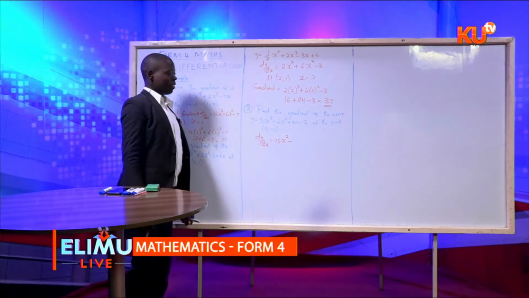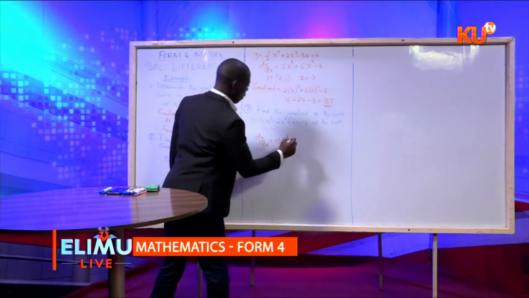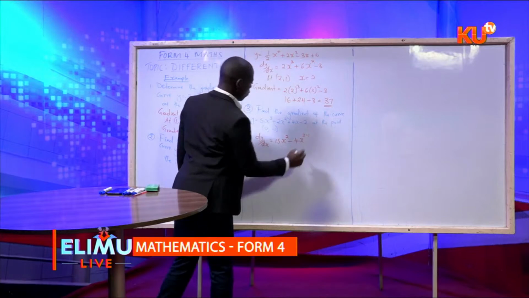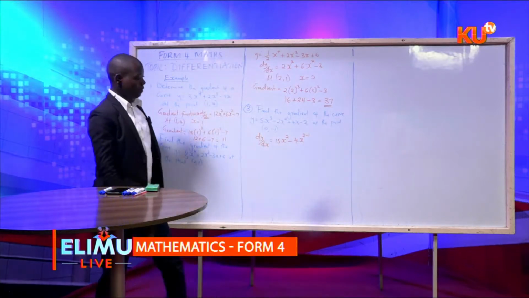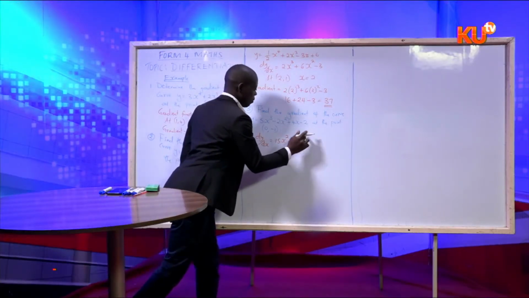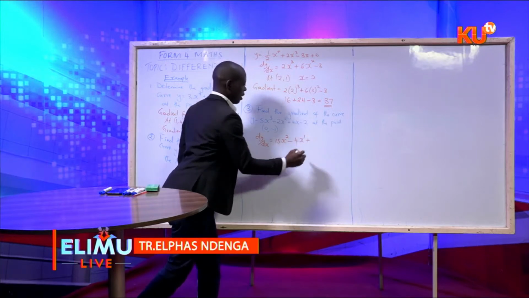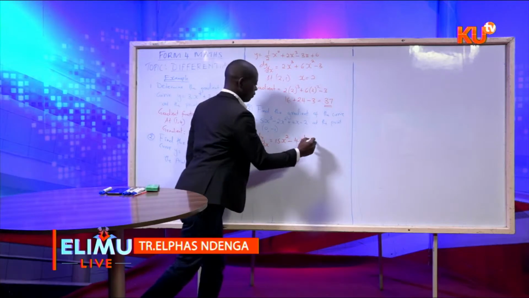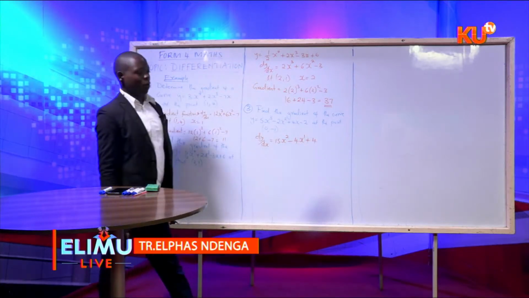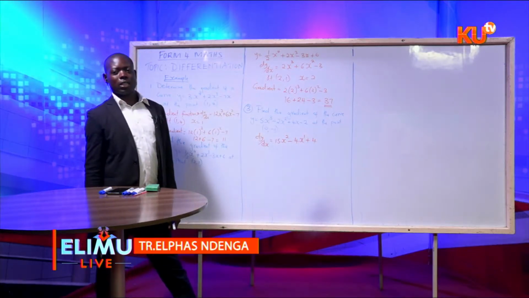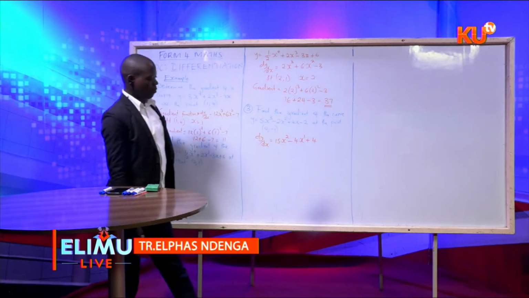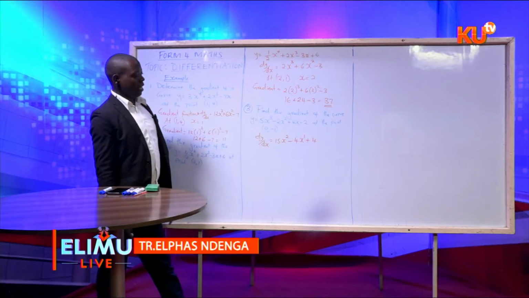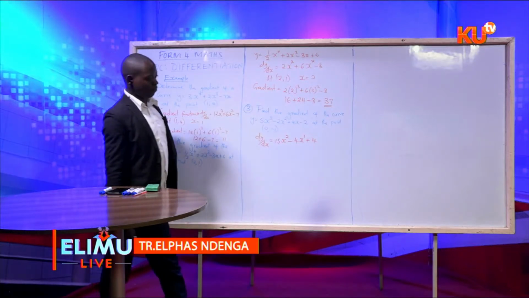We take 2 times 2 to get 4, then x power 2 less 1, which is 1. Then plus, the derivative of 4x is 4. And the derivative of negative 2 is 0. Good. That is the dy dx, which we also refer to as the gradient function.